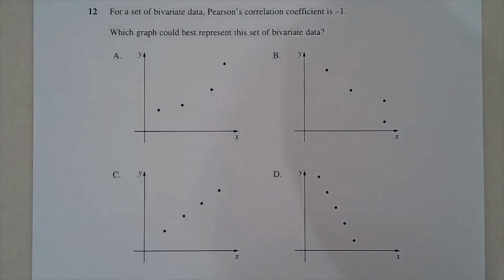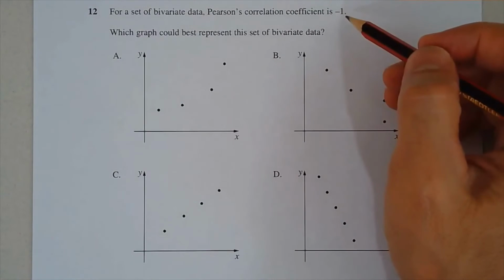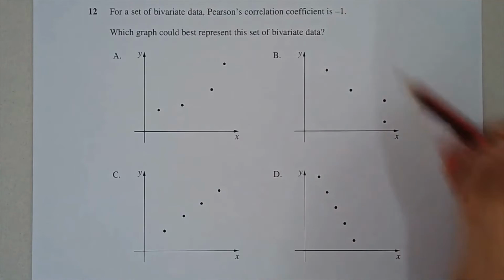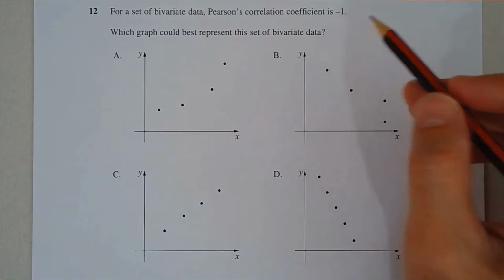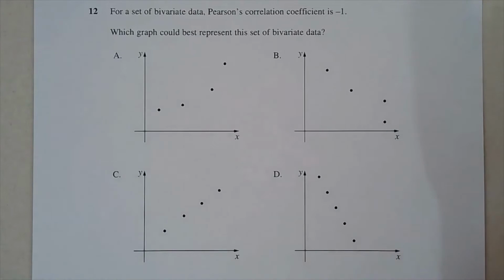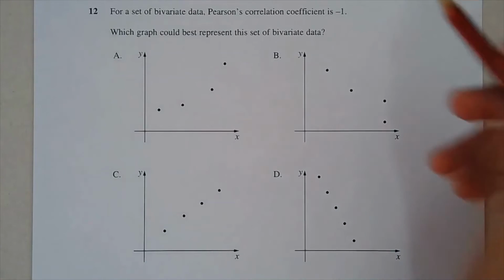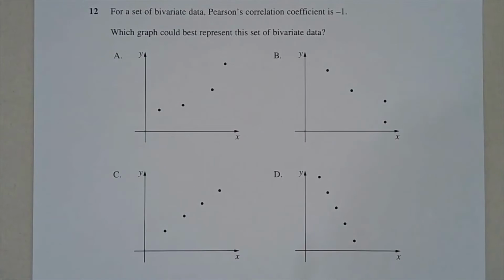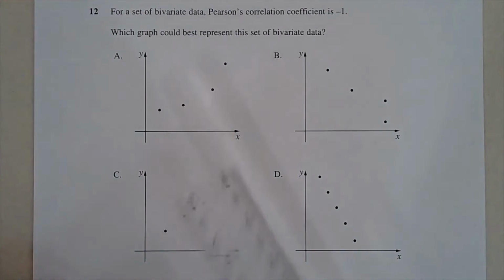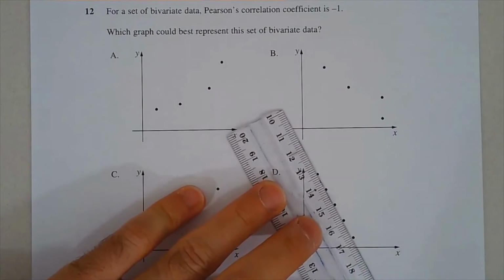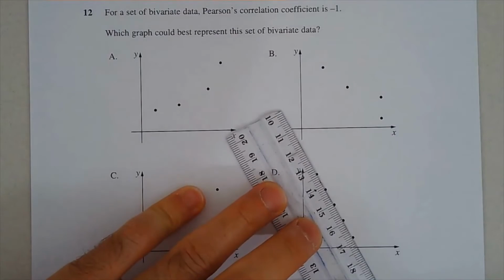If it's a downward trend, then it's a negative number. Given that it's -1, which implies a perfect negative correlation, all the points will lie on a straight line. And it looks like option D is the perfect candidate.